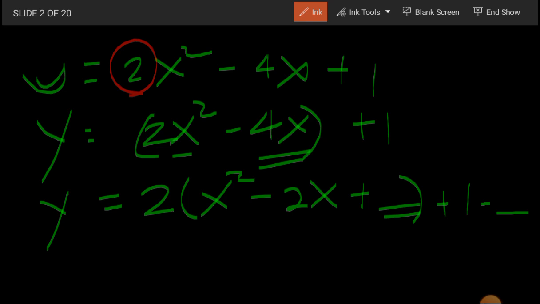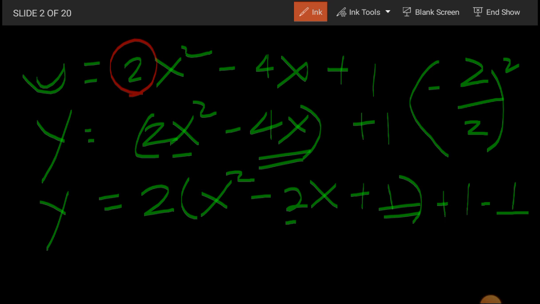From our formula, b over 2 quantity squared, and our b here is negative 2. So negative 2 over 2 squared is negative 1 squared. So that is positive 1. So we'll just have to fix this. And so it's 1 here and it's 1 here.